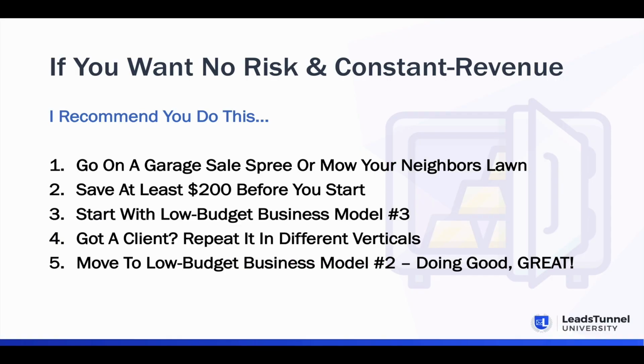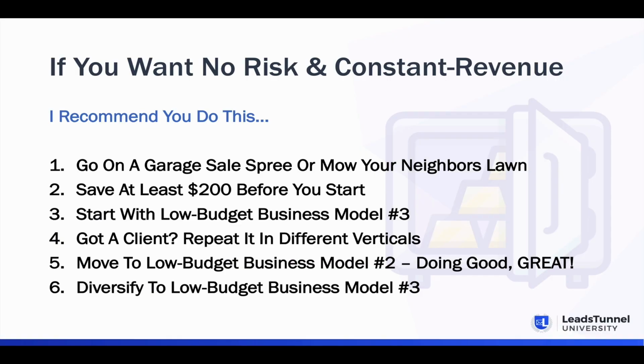Instead of giving leads and helping that person generate leads, you partner up with someone and get a piece of their business by simply controlling the lead. And if it's doing great, then diversify to low budget business model number 3 and start to build an email list. So now you're basically turning one idea into 3 streams of income. But you've got to take these steps one at a time.